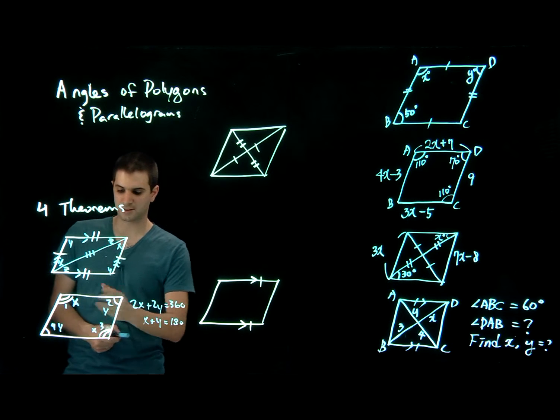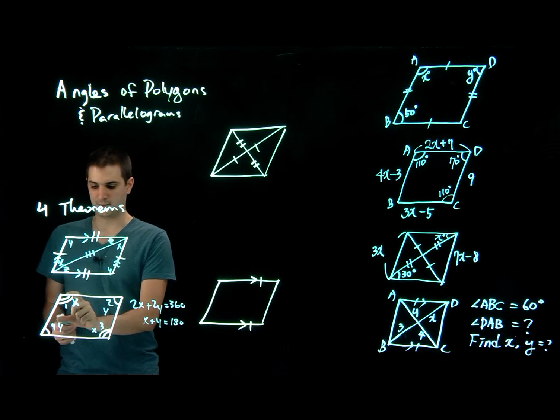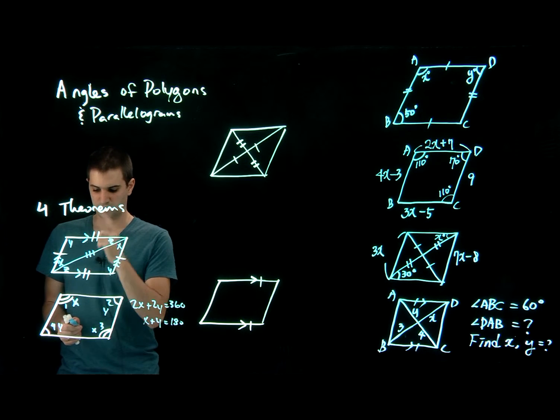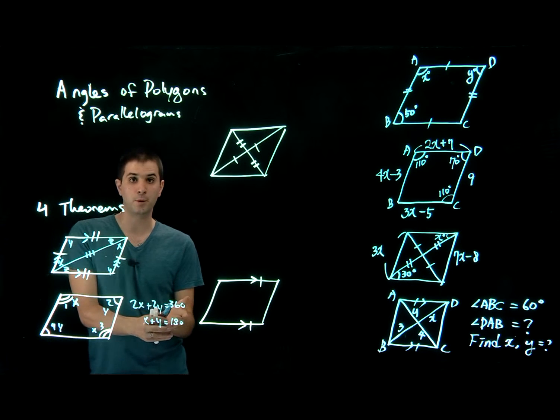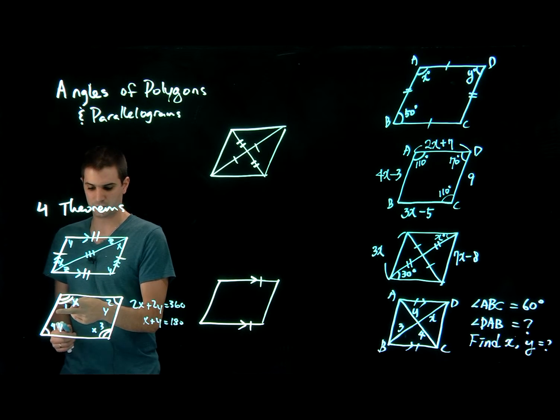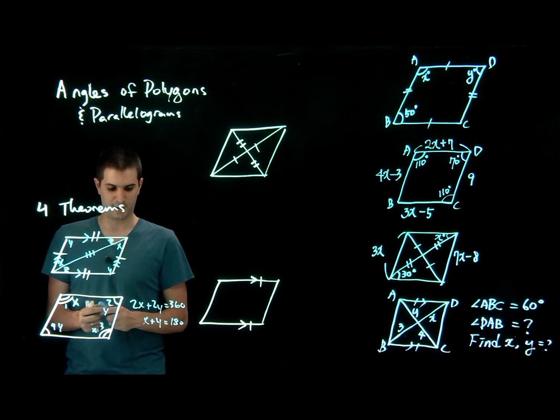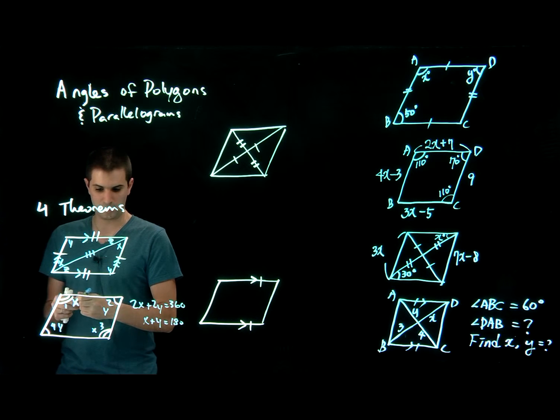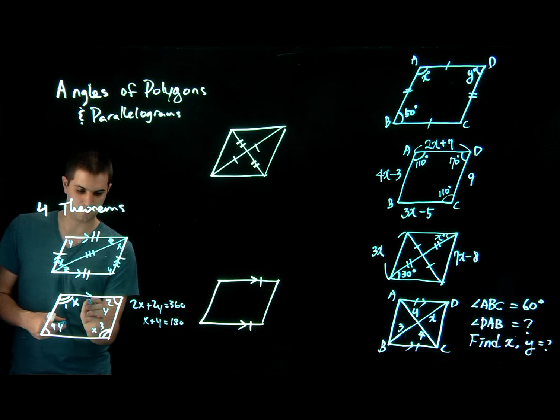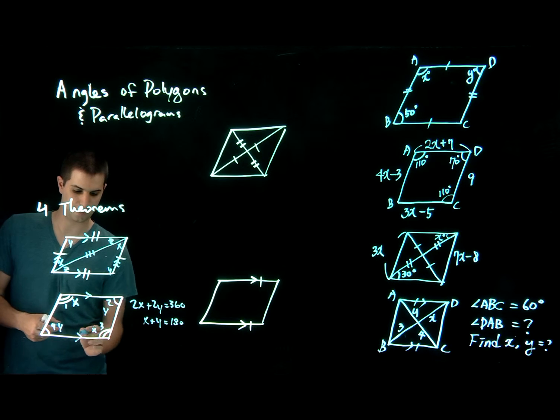When you have two lines cut by another line, and these two angles are supplementary, these are consecutive interior angles, then we know that these lines must be parallel.